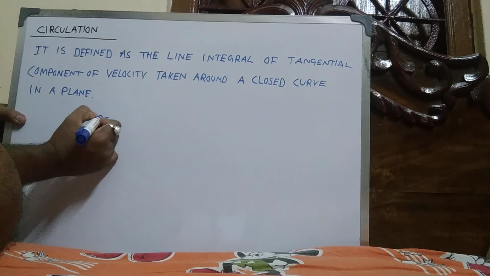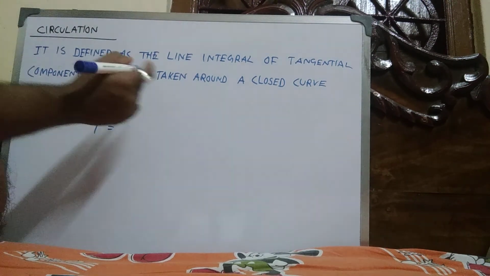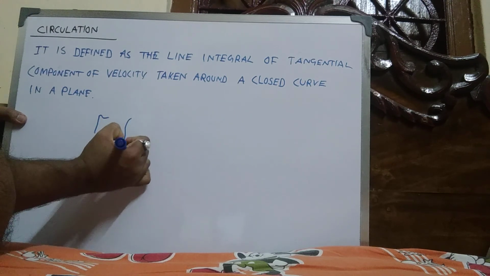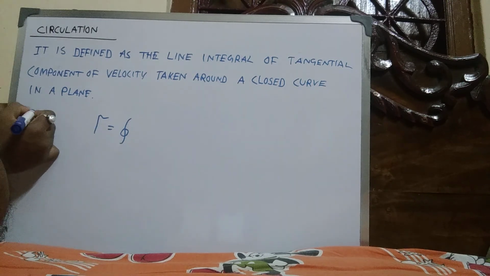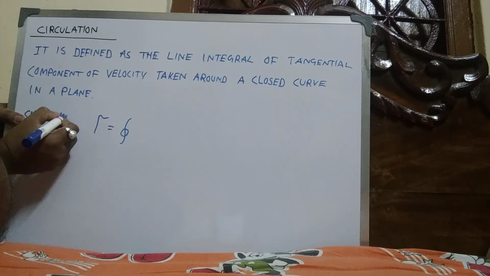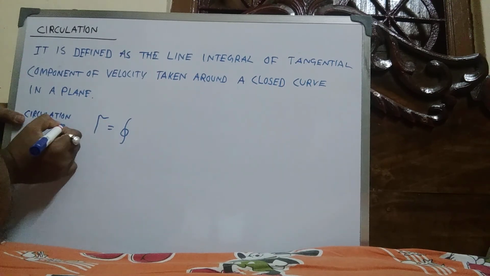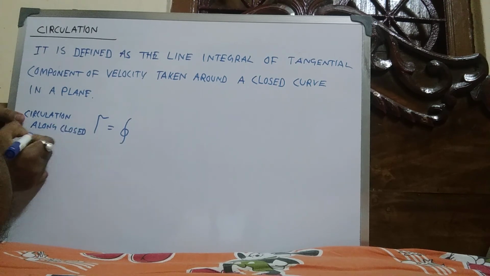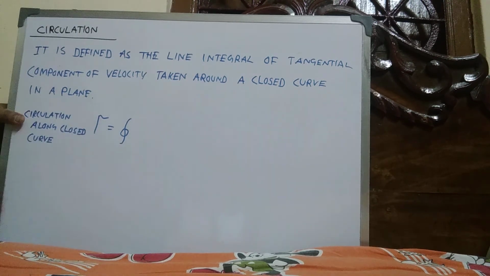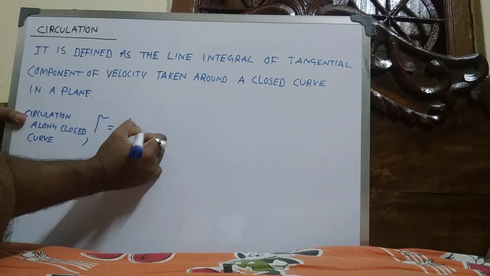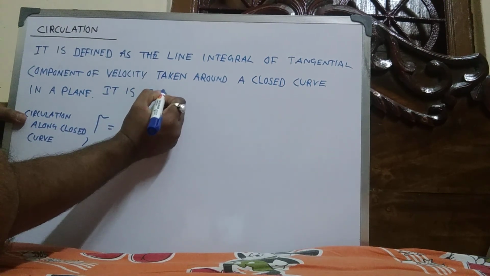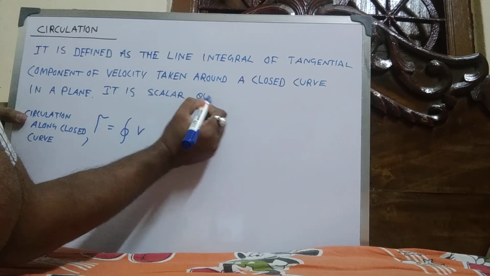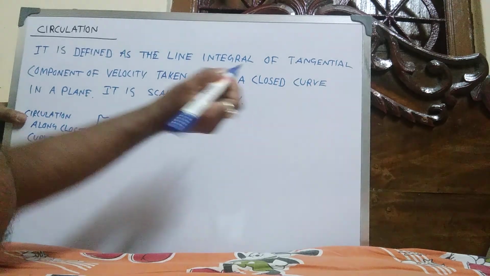It is denoted by this sign, gamma. This is the line integral for the closed curve, the circulation along the closed curve. It is a scalar quantity.